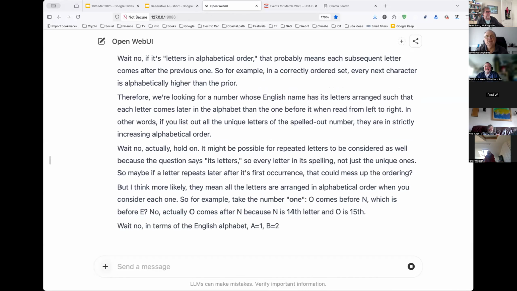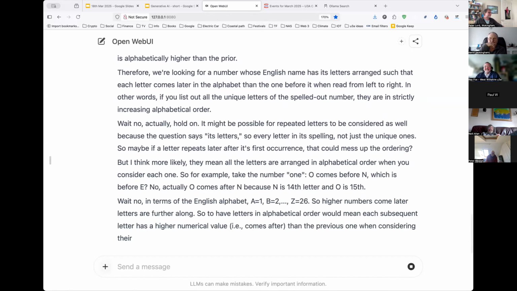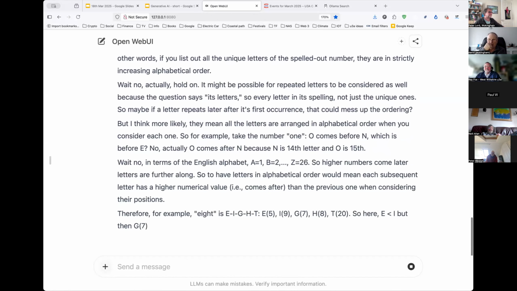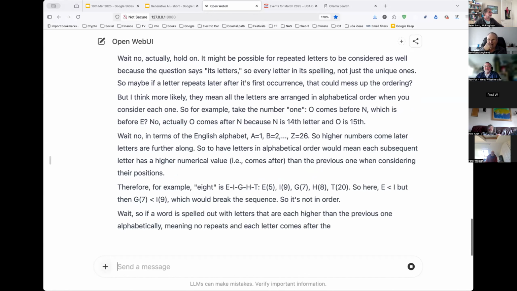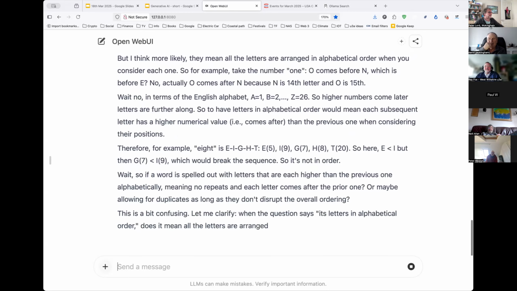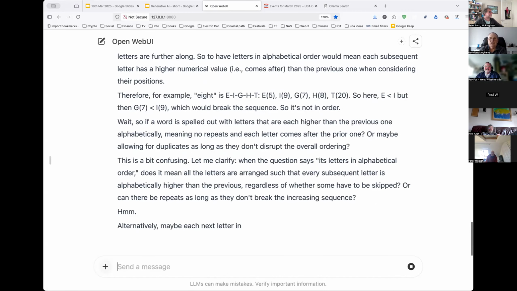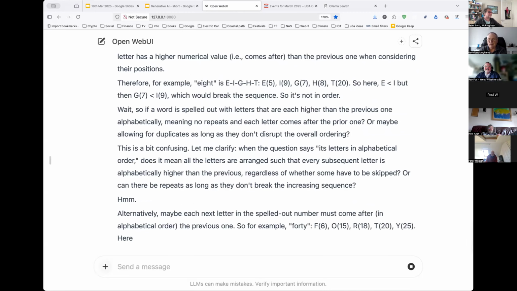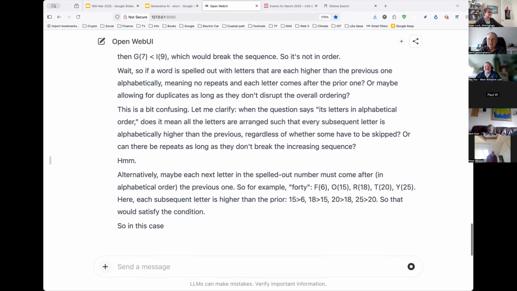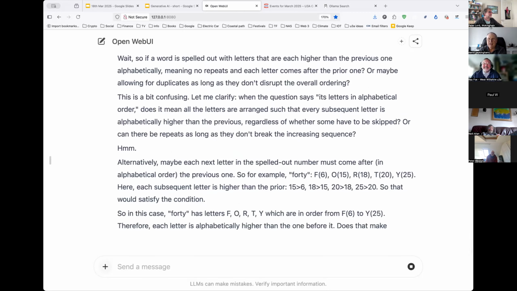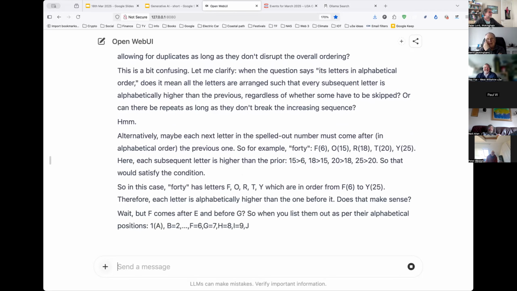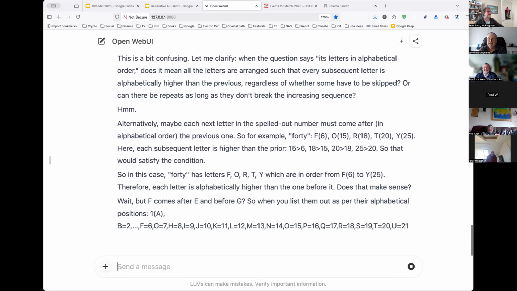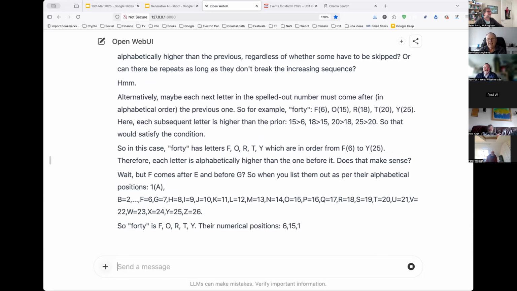That's because it's iterating, isn't it? It's trying to refine it. Oh, nearly there. Yeah, it's performing better than the first one. It keeps saying 40. Yes, it's got it. It keeps coming up with 40.